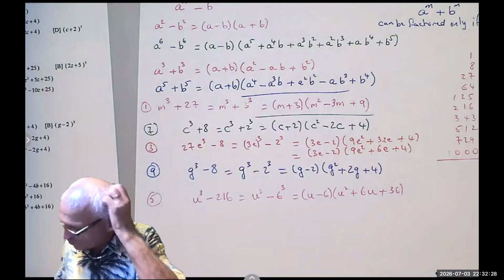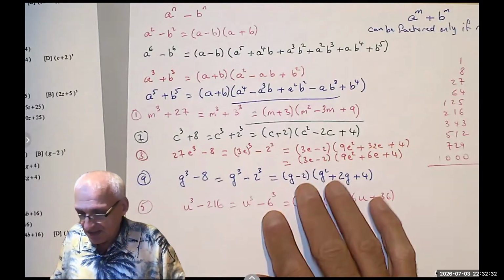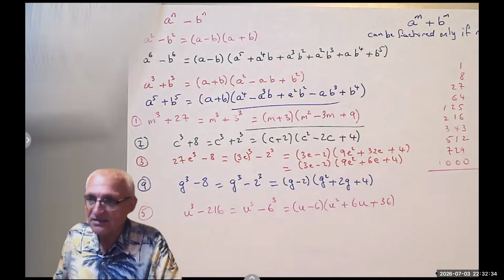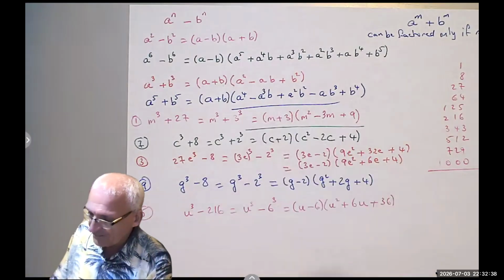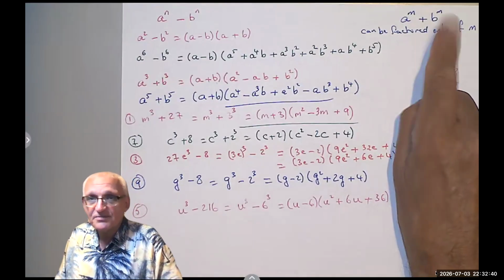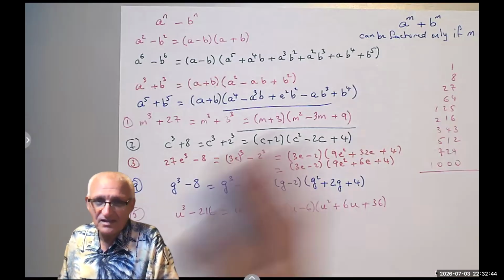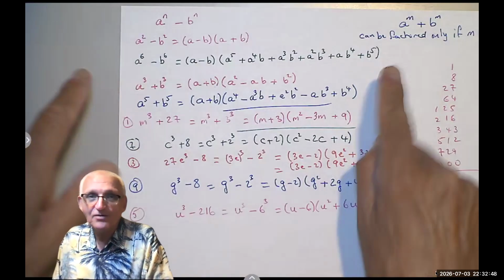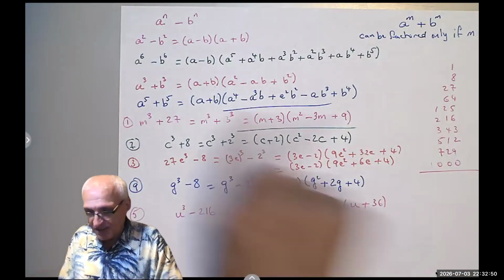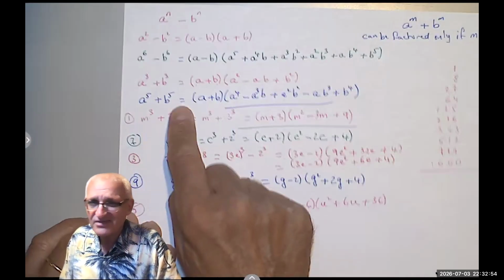But that was it. I wanted to introduce the sum and the difference of powers, like the sum of odd powers like a cubed plus b cubed, a to the fifth plus b to the fifth. They will never give you more than 3. So of course, it's nice to know how to expand to any power, like we did a to the 6 minus b to the 6, or a to the fifth plus b to the fifth.